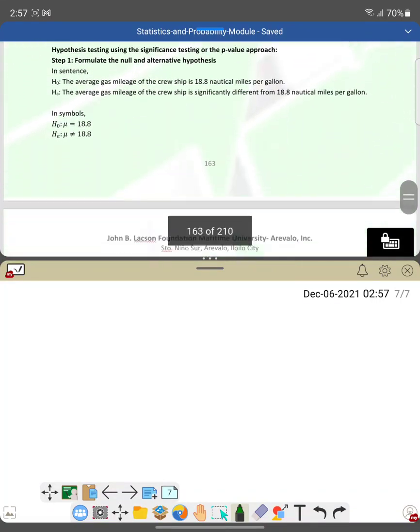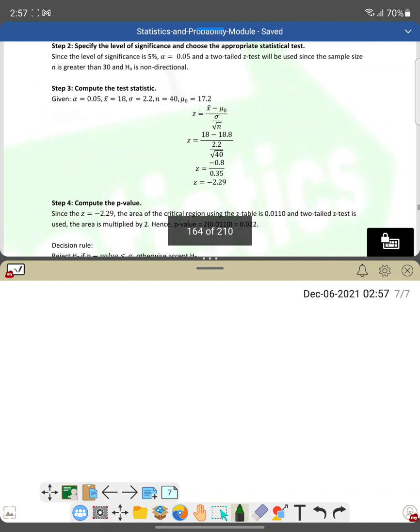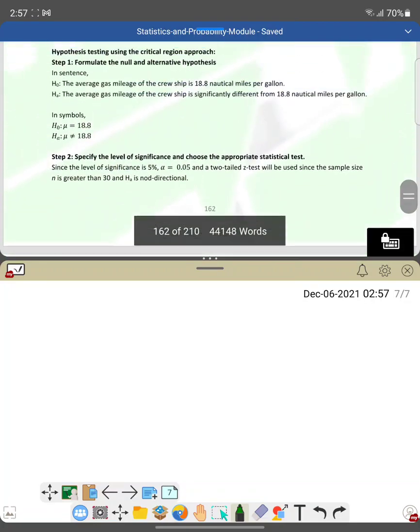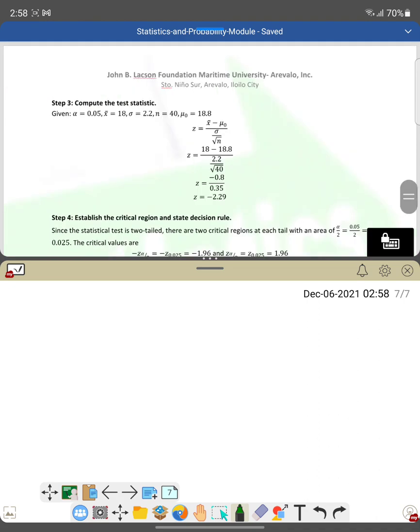Another is the standard deviation, which is 2.2, and the hypothesized mean, which is 18.8.